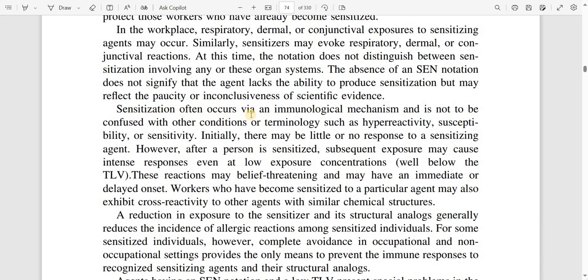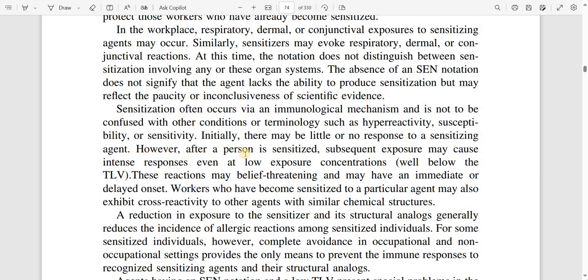Sensitization often occurs via an immunological mechanism and is not to be confused with other conditions or terminology such as hyperactivity, susceptibility or sensitivity. Initially, there may be little or no response to a sensitizing agent.